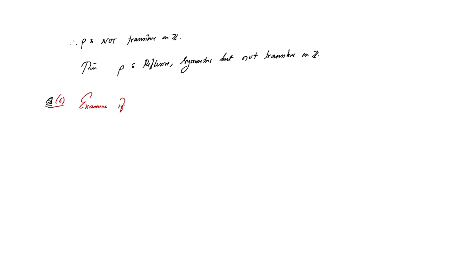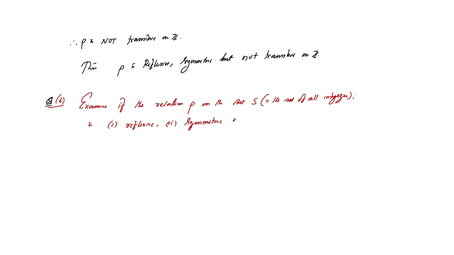So examine if the relation rho on the set S, here S means the set of all integers, is one, reflexive, two, symmetric, and three, you will check transitive.